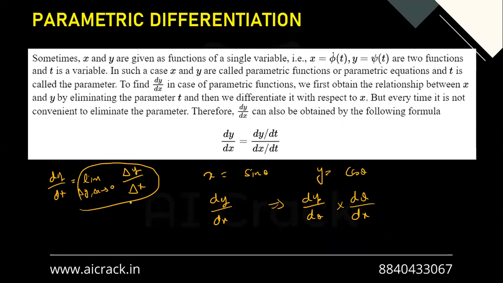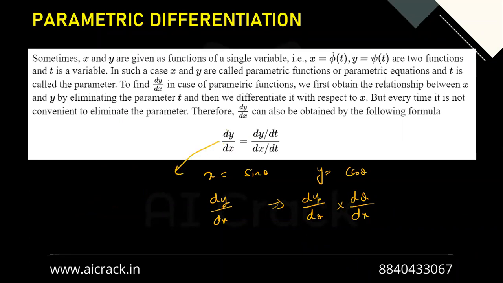So as of now, it's linear. That's why we are able to cancel out, and we are able to write it in this format. But once we include higher order derivatives, then we won't be able to do that. So just because we can write it like this, don't try to apply this in the higher order derivatives. But in case of linear format, single order derivative, then you can write it in this format, and that is how we are going to do parametric differentiation.